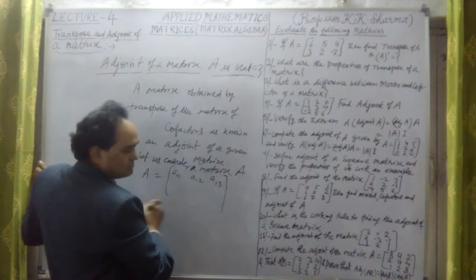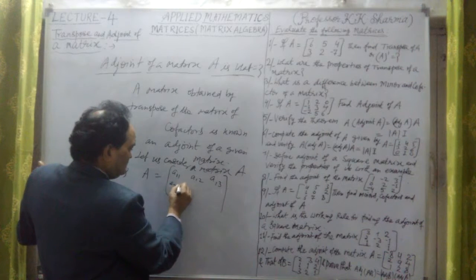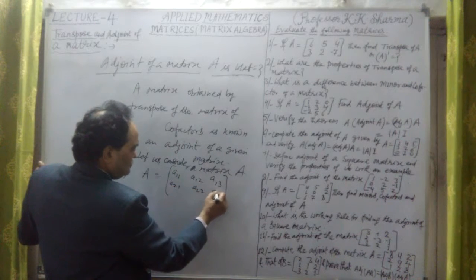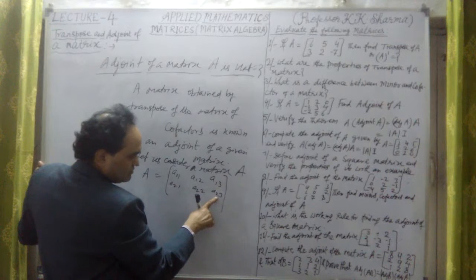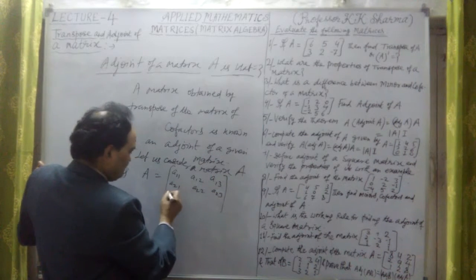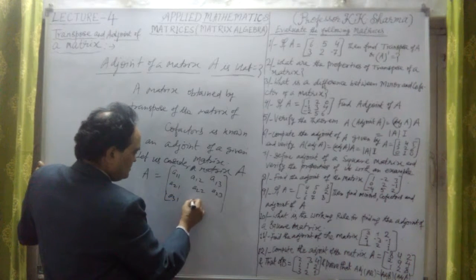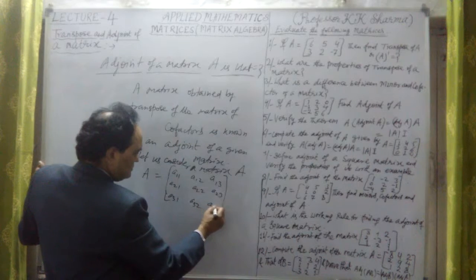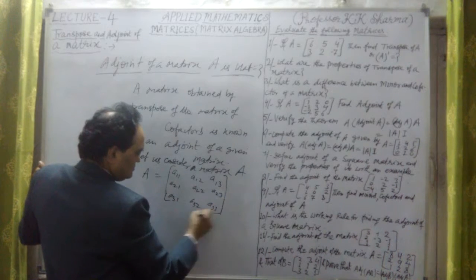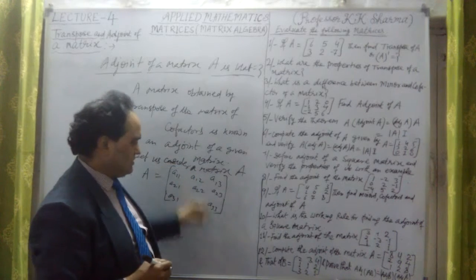This is A21, A22, A23. A23 means second row, third column. Next, A31, A32, A33. So this is the given matrix A.